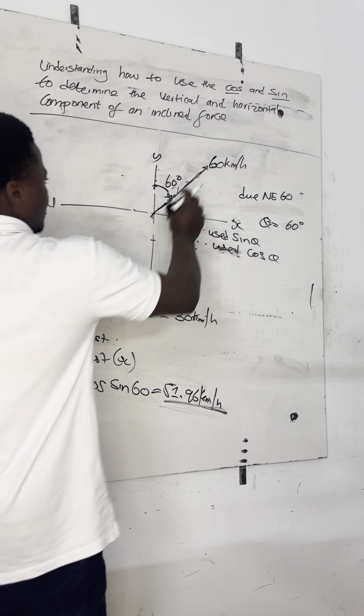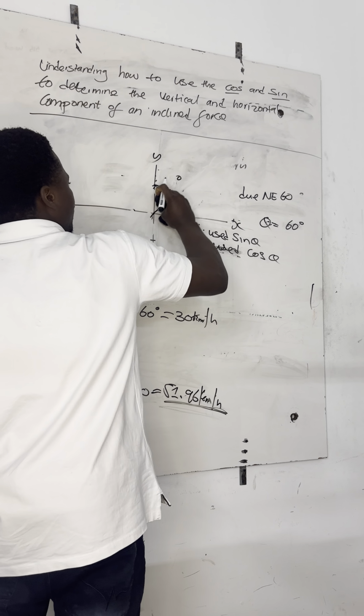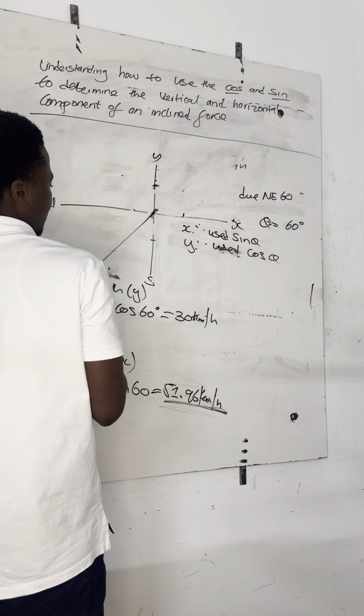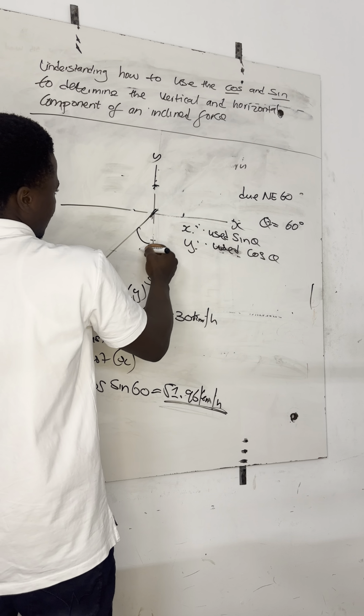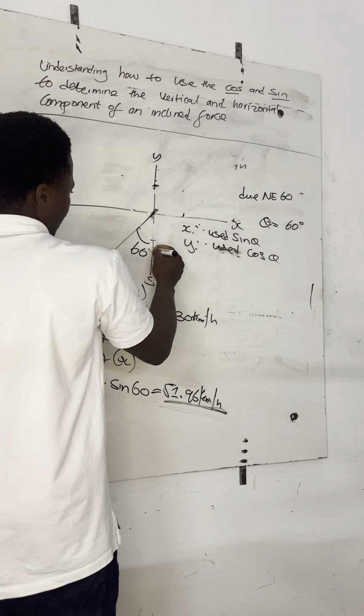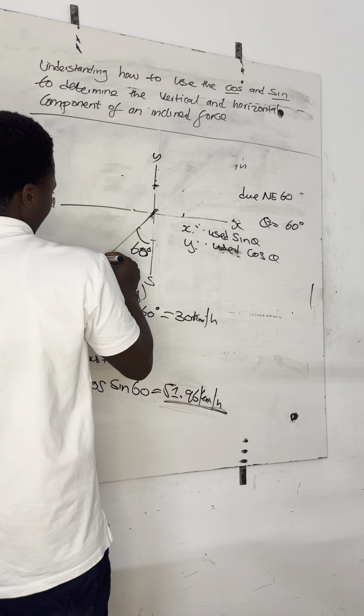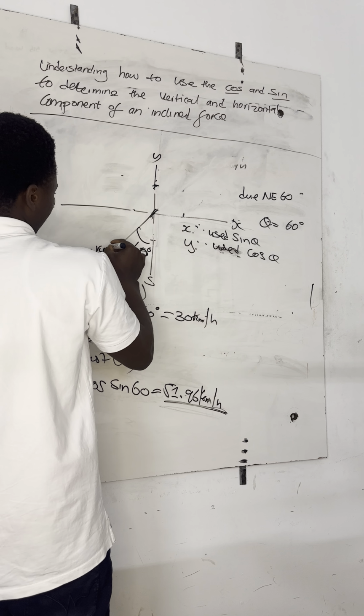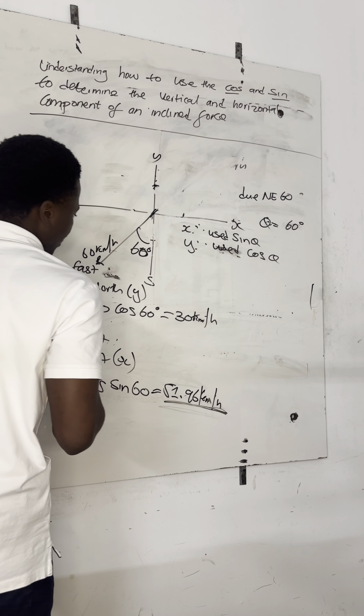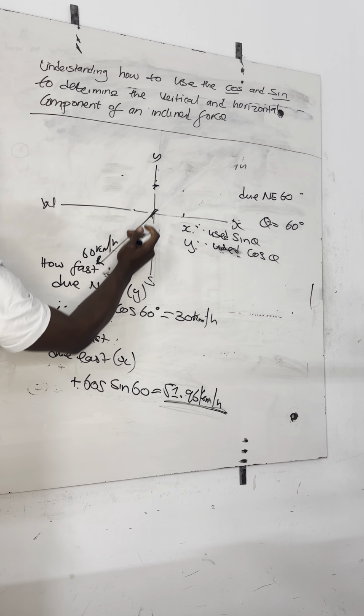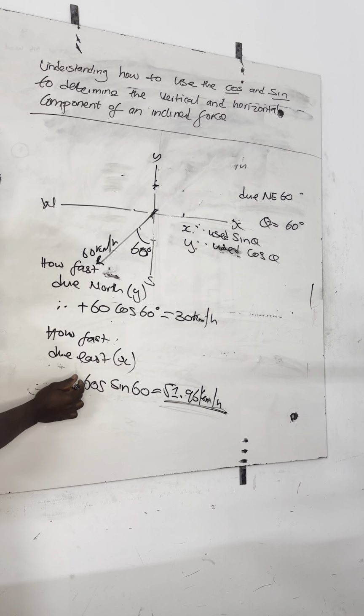So imagine this was not supposed to be in the positive quadrant. Now this is supposed to be in the negative quadrant, and let's say, because the opposite angle is the same, this is 60 degrees, and here you have 60 kilometers per hour. Notice what happens. X becomes negative, y becomes negative. So all of this is negative.